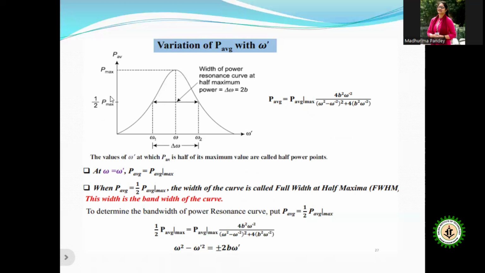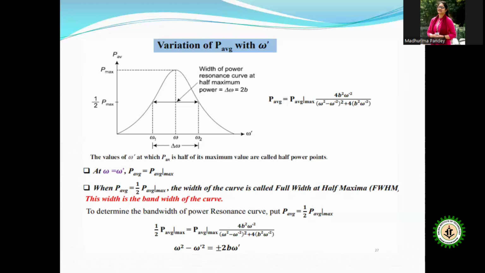These two points, omega 1 and omega 2, are called the half power points, because at these frequencies we get half of the maximum value of the power.